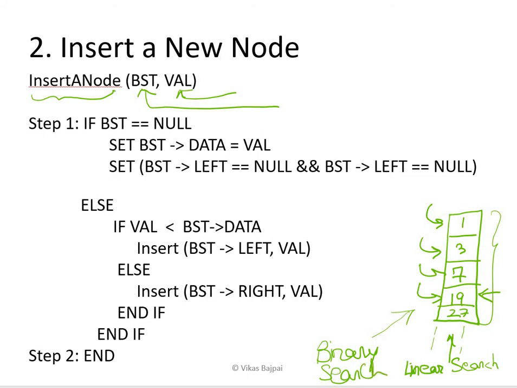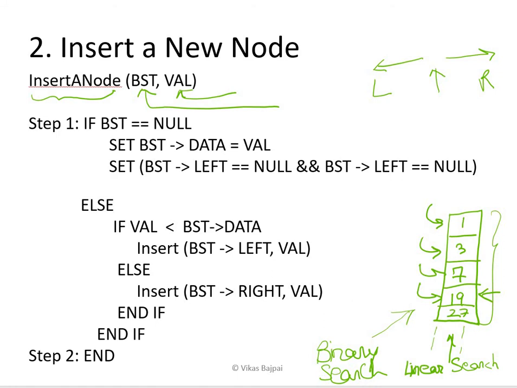We compare the number to be searched with the mid element, and then we take a call of either moving towards left or moving towards right based on this particular middle value.